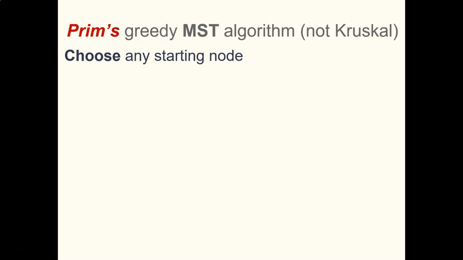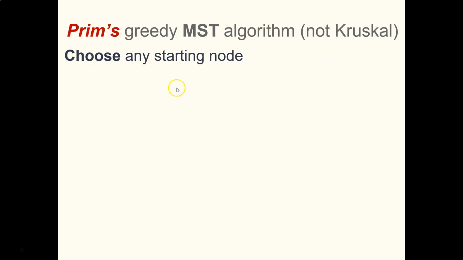We started by choosing a minimum edge, right? And then jumping from edge to edge. But here, we choose any starting node as the root of the tree. By the way, the node that you choose doesn't necessarily have to be attached to a minimum edge.